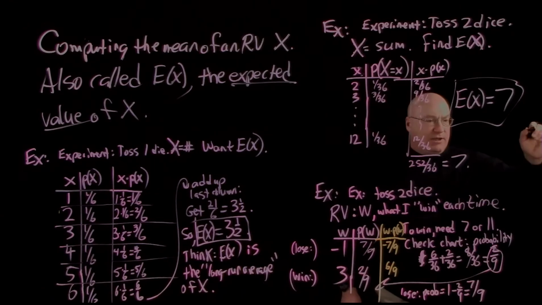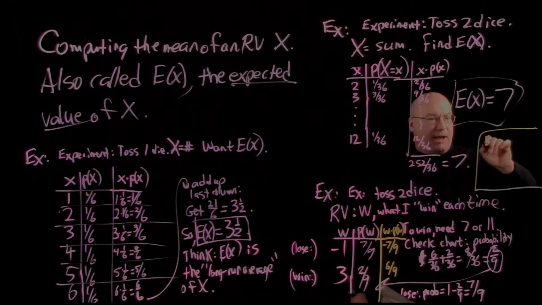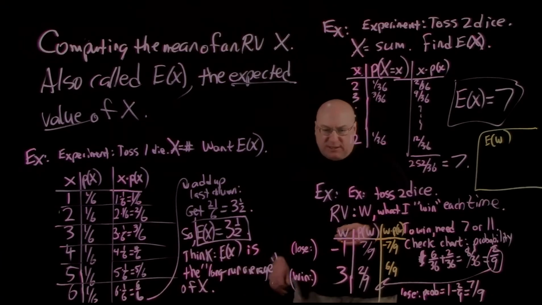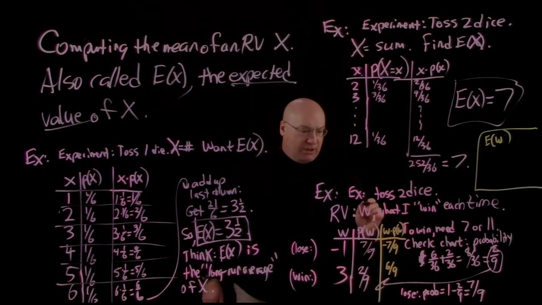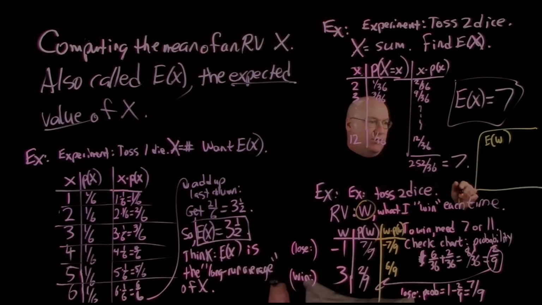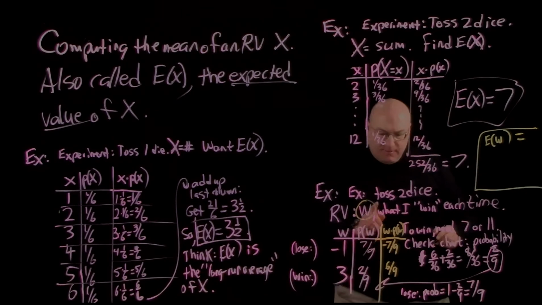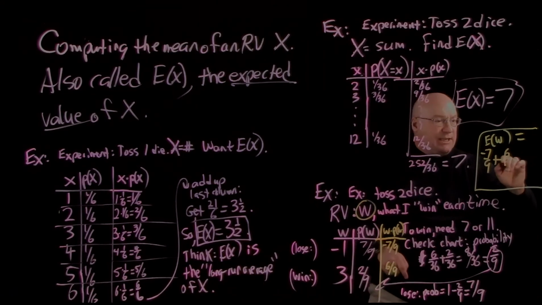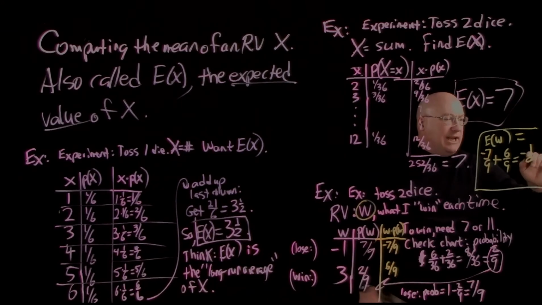So I'm going to have to come right here and say the expected value of W. That's what I want. When it says what are my expected winnings, my random variable is W, what I win, so I want E of W. E of W is -7/9 plus 6/9, which is -1/9.